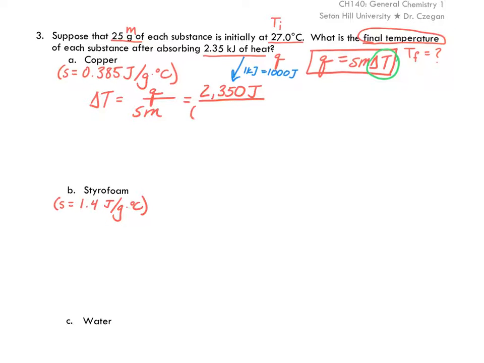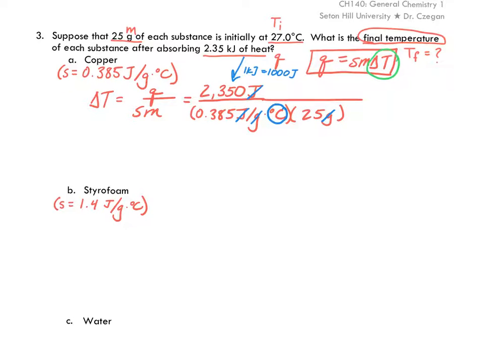All right, then the specific heat capacity, 0.385 joules per gram degrees Celsius, and the mass, 25 grams. Okay, so we can see that joules will cancel out and grams will cancel out. And this will give us an answer in degrees Celsius.